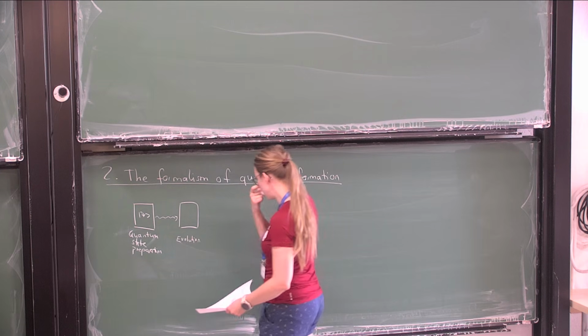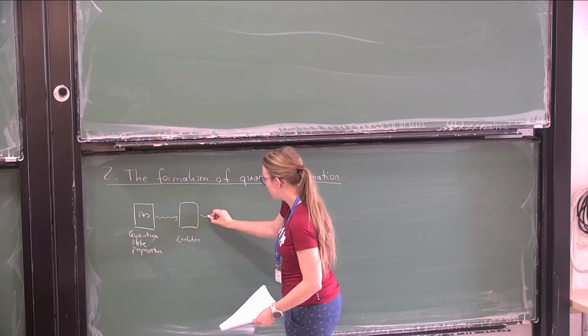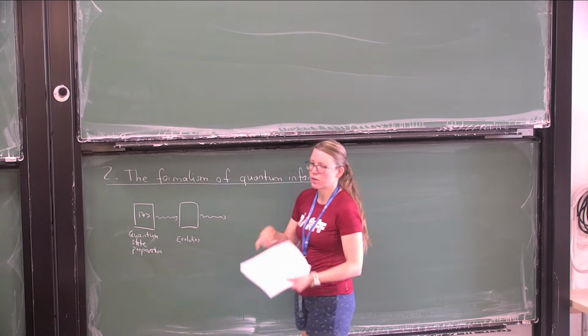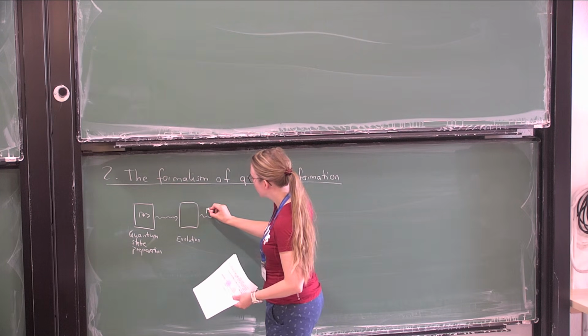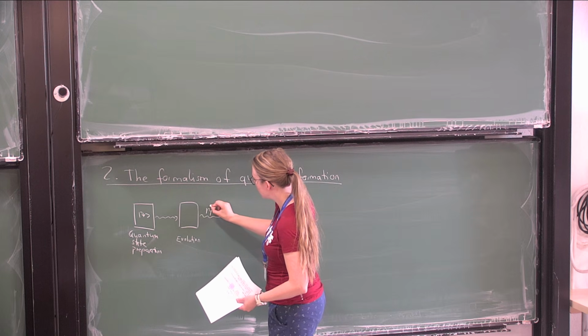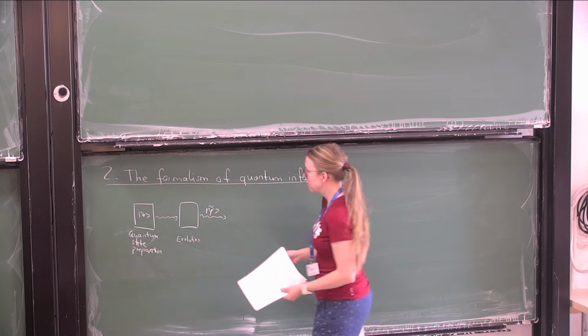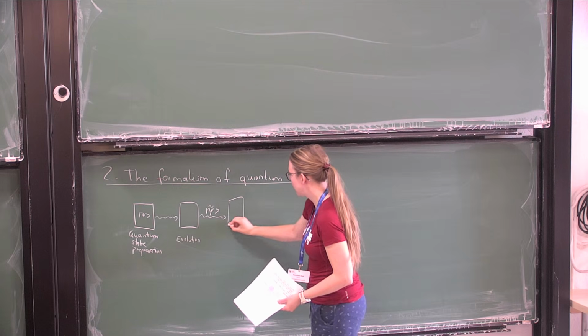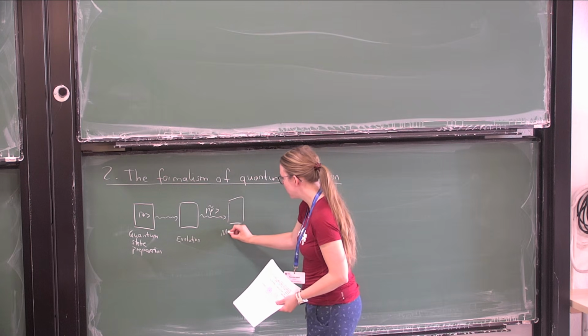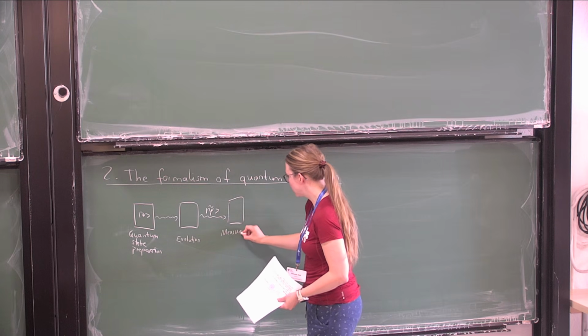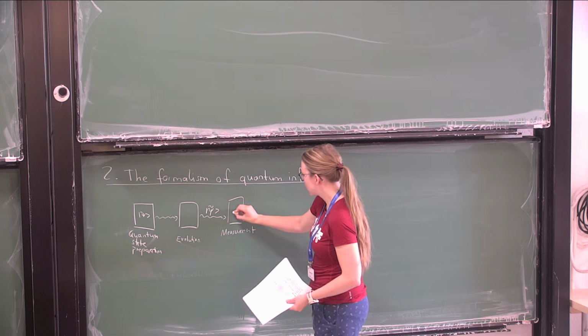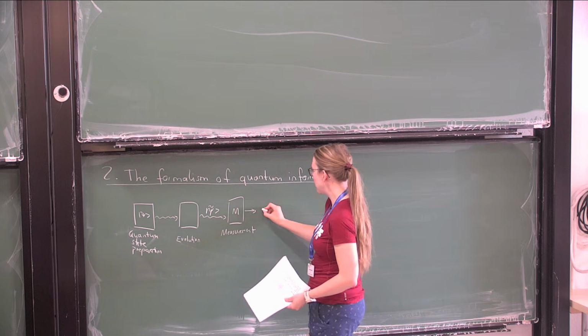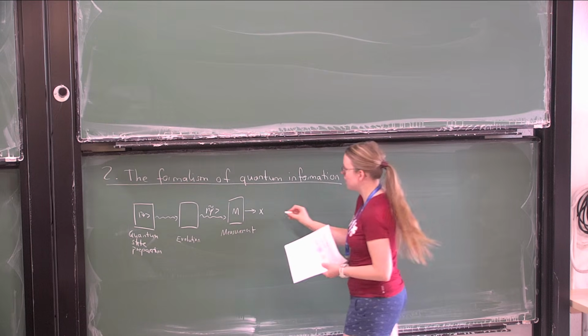After it has undergone this evolution, there will be a different state. And then finally, there will be a measurement, which will output some form of classical outcome.